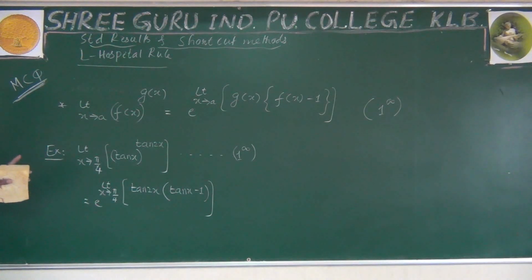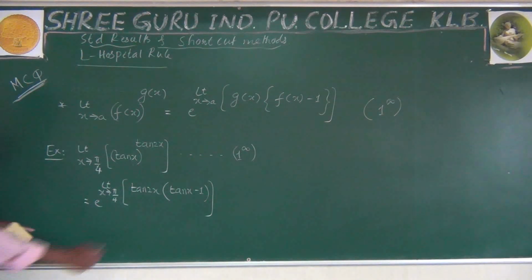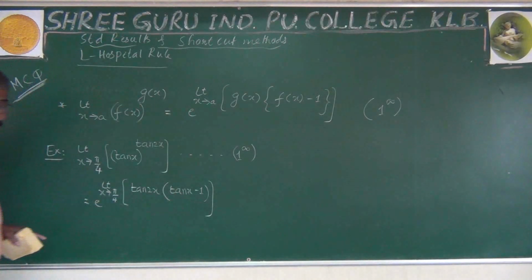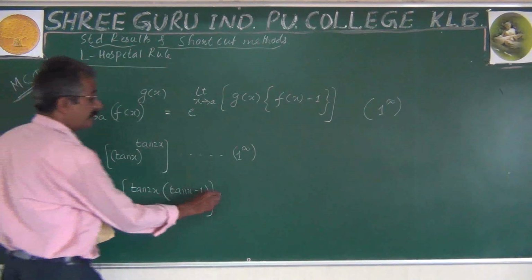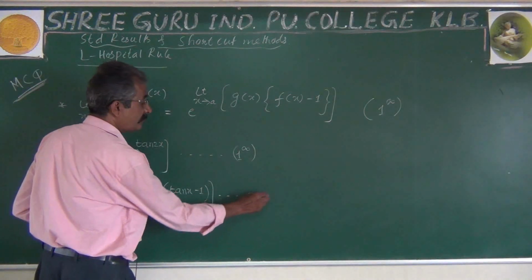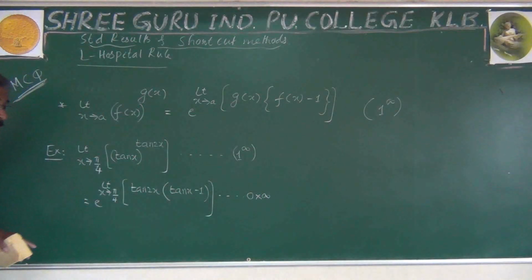Now it actually becomes a 0 into infinity form. We got tan pi by 4 is 1, 1 minus 1 is 0. Here we have pi by 2, and what is tan pi by 2? Infinity. It is a 0 into infinity form, but we can't apply L'Hospital rule directly. So we shall transform it into either 0 by 0 form or infinity by infinity form.